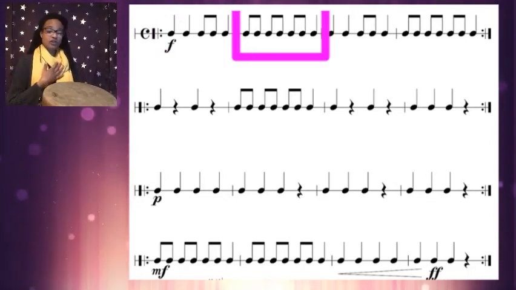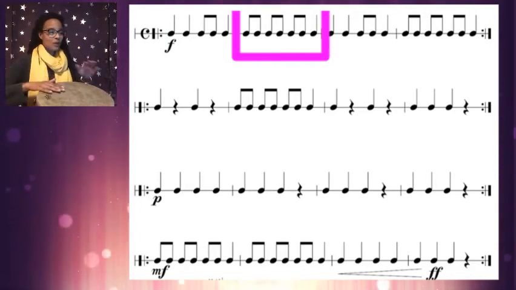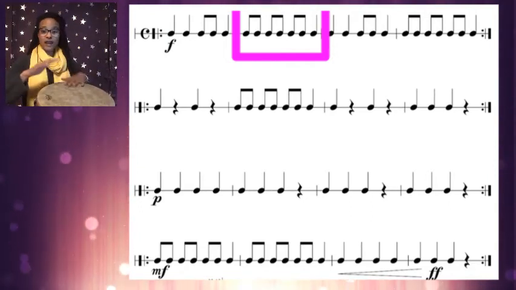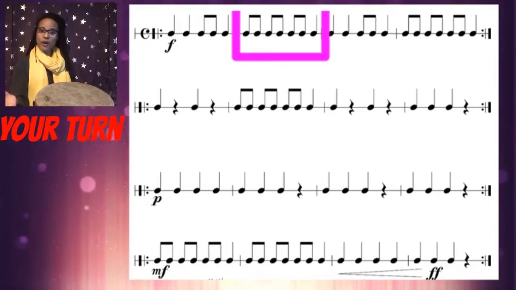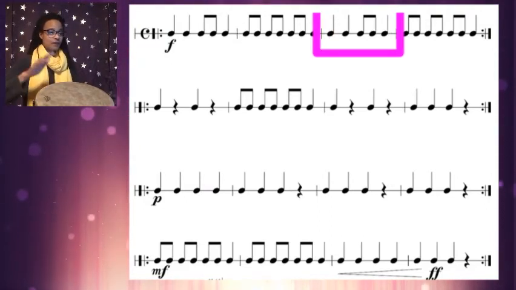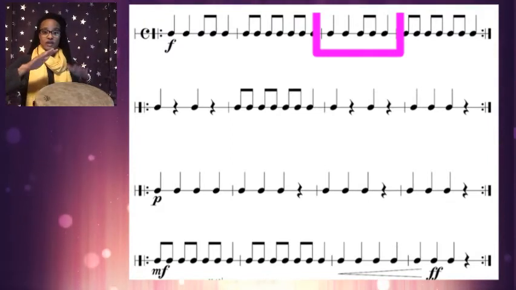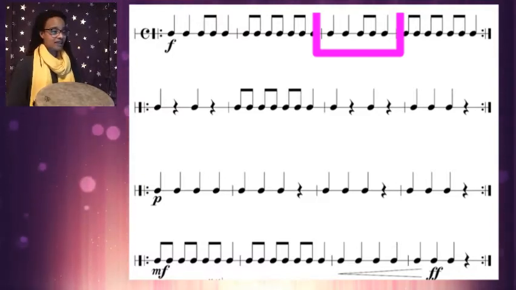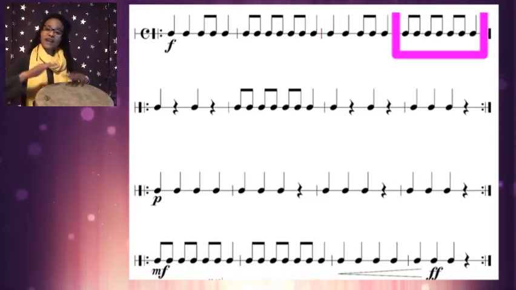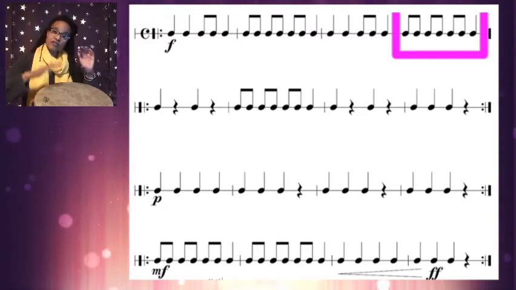The second measure sounds like this. 1 and 2 and 3 and 4. The third measure, 1, 2, 3, and 4. And the last measure, 1 and 2 and 3 and 4.